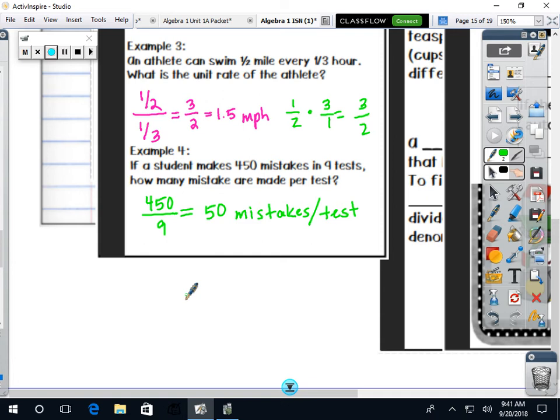Okay, now let's turn to the next page where we're going to find unit rates from graphs and tables.